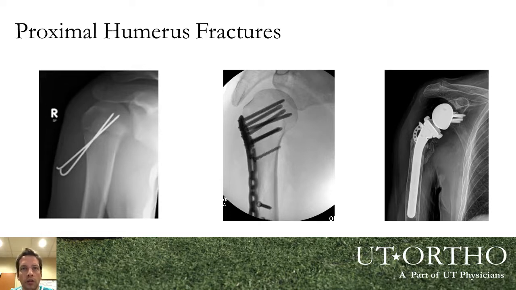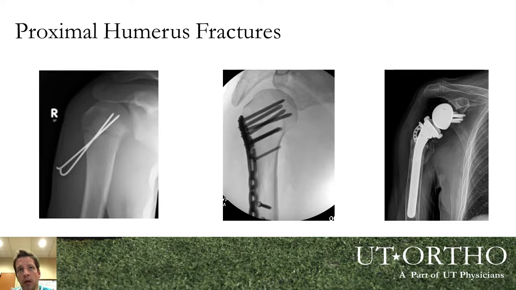The middle one is a geriatric patient we fixed recently. That's a more aggressive treatment option, but involves really opening up the shoulder through an incision in front, putting a plate and screws on the humerus to where they have functional range of motion.